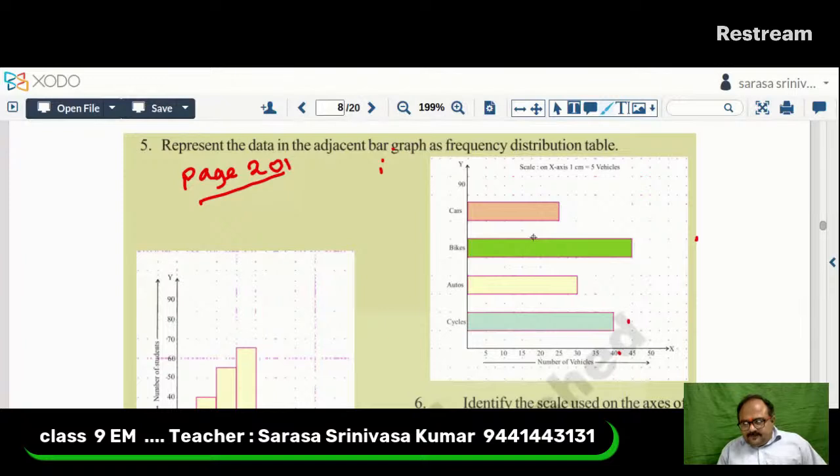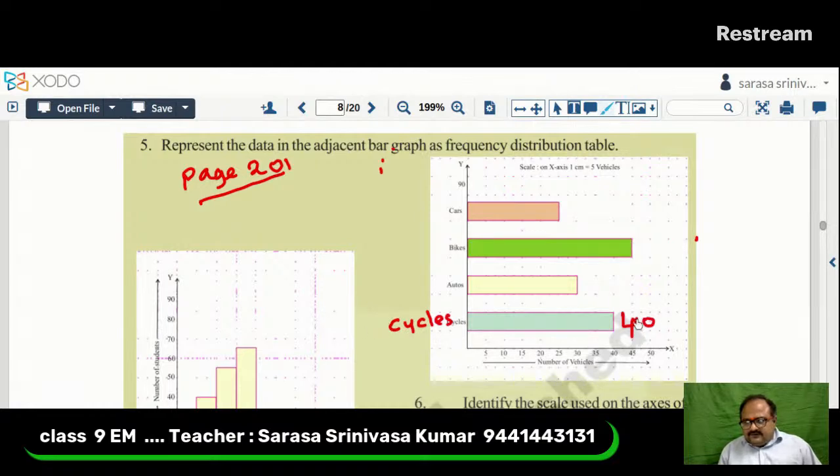So here, cycles. How many cycles are there? It is represented as 40. So I will write here, cycles: 40.